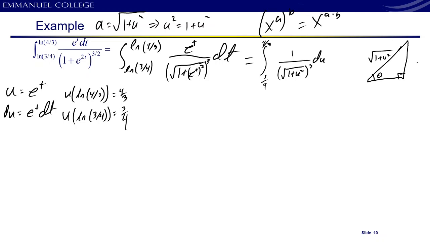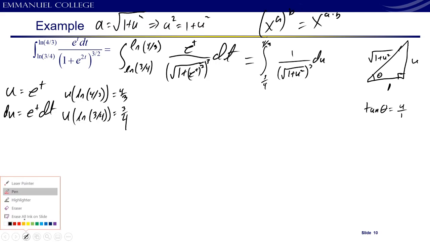And if tangent's going to be opposite over adjacent, let's make u be equal to this opposite side, and let's make 1 be our adjacent side. It just works out pretty well there. So that means that tangent of theta is going to equal u over 1.